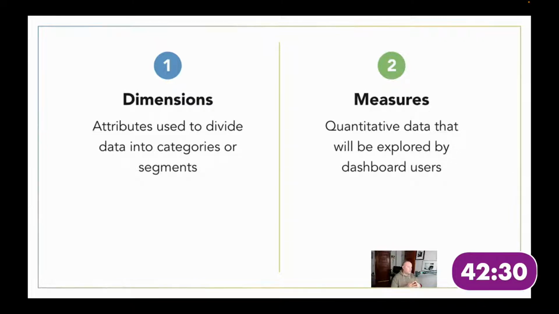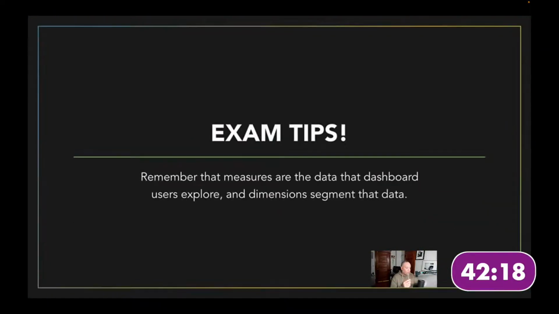For example, a sales executive may wish to examine regional sales of a specific product over time. In that case, the number and dollar value of sales are measures, while region and time are dimensions. When you take the Data+ exam, remember that a measure contains the data that a user wants to analyze, while a dimension provides a way to segment or subdivide that data.